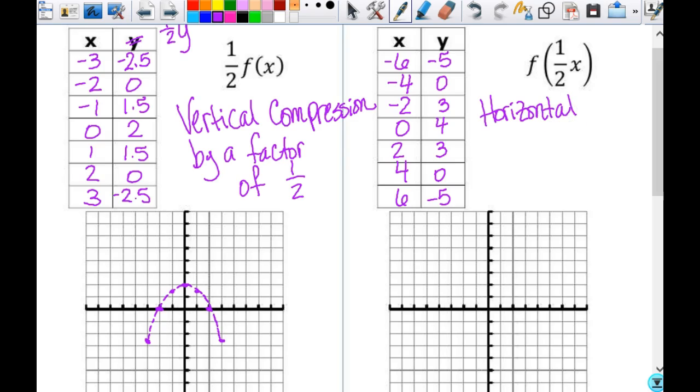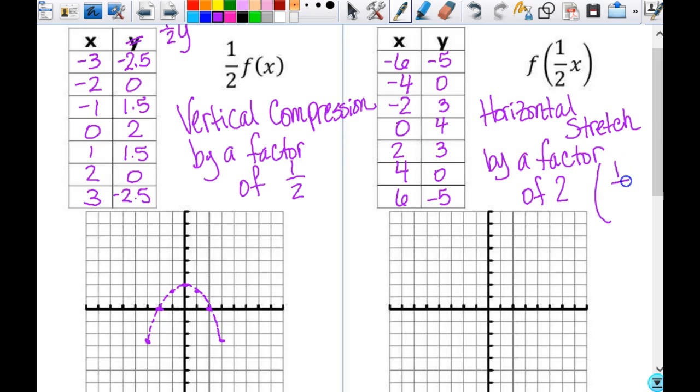Is it a stretch or a compression? Stretch. This is a horizontal stretch by a factor of 2, because it is technically 1 divided by 1/2, and that's where the 2 comes from. Okay. We're multiplying by 1 over that number, which is 2.